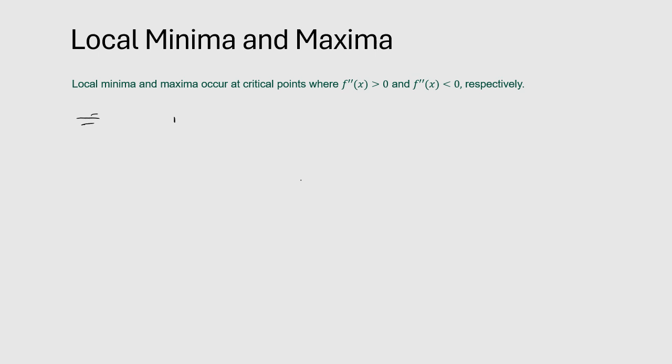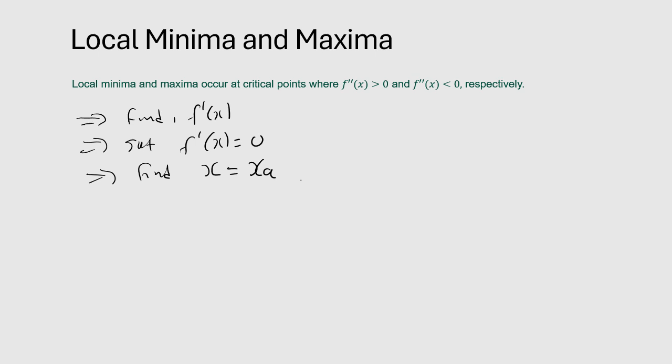The first step is, given a function f of x, find f prime of x, then set f prime of x equal to 0 and solve for x. Suppose you get x equal to xa. Then find the second derivative, f prime prime of x, that is, differentiate your derivative again.